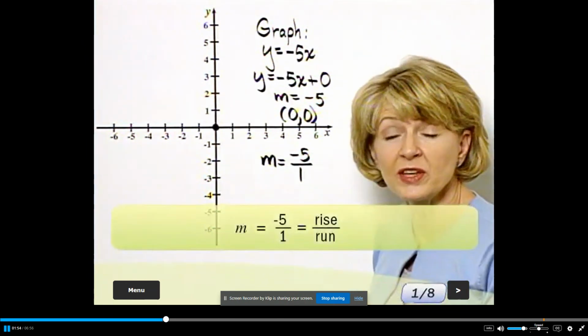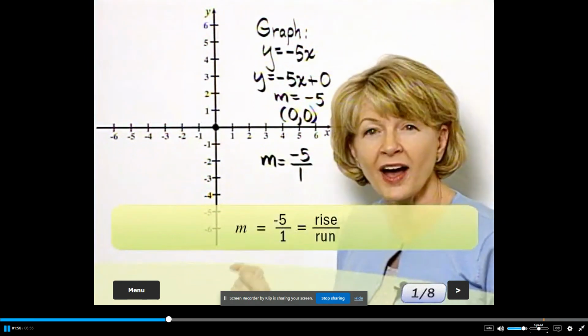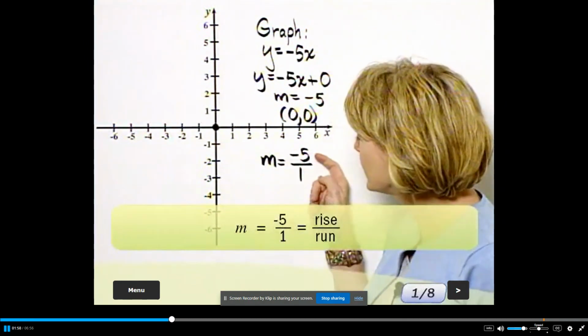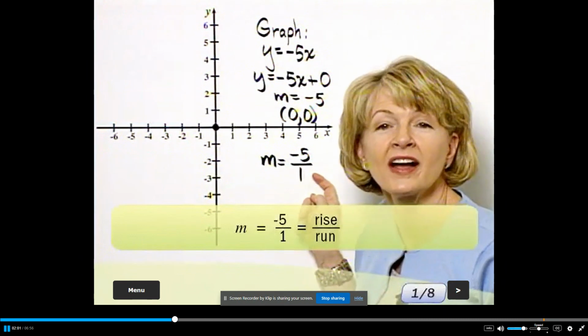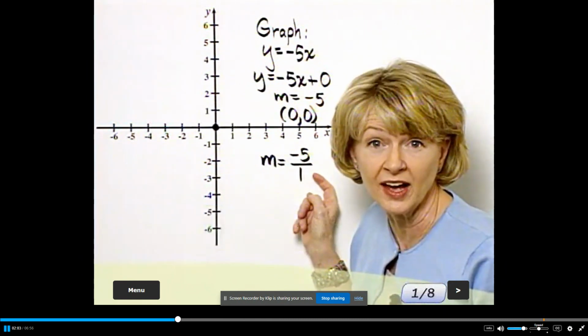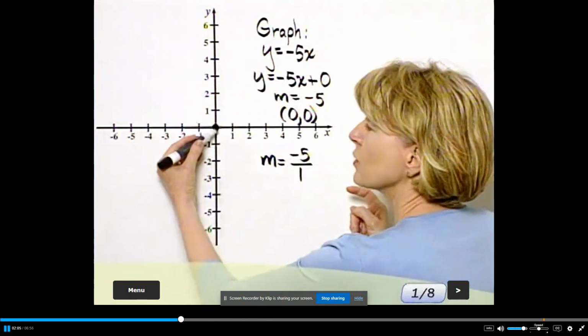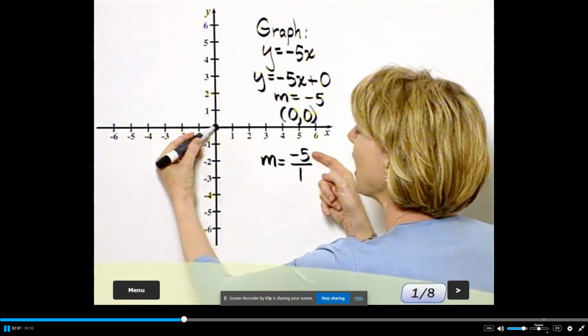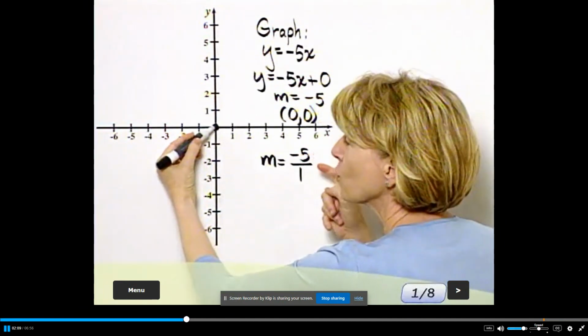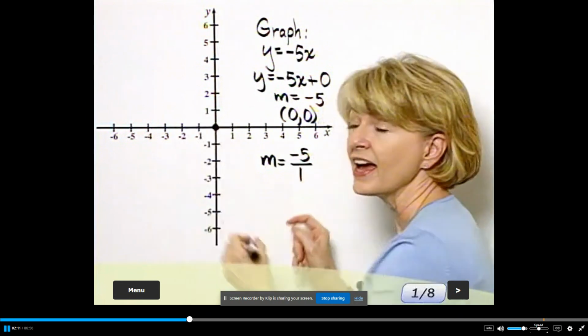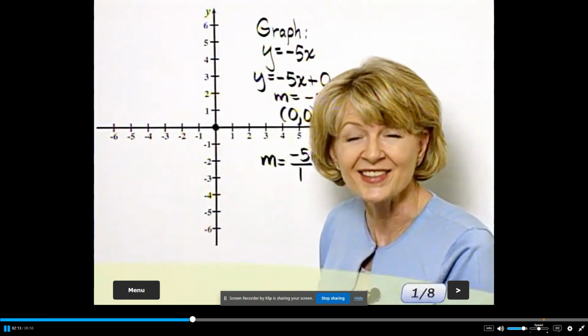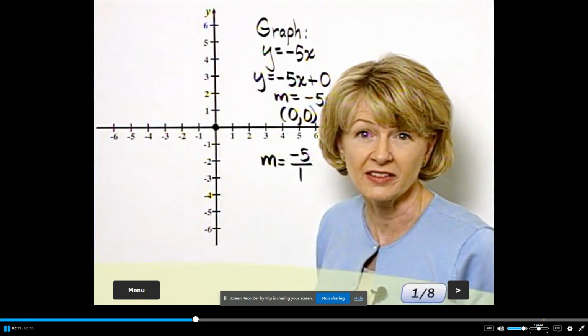If you do, then remember slope is rise over run, and I can use this fact to find a second point of the line. I can take this one point of the line, rise negative 5, run 1, and then wherever I land, mark a second point.